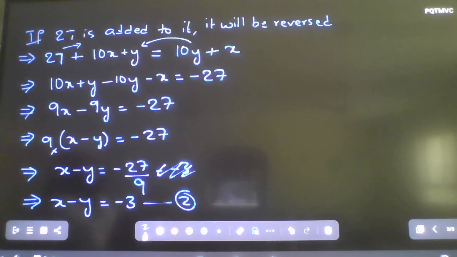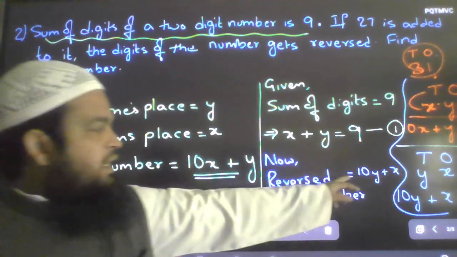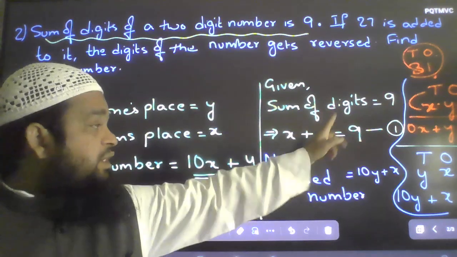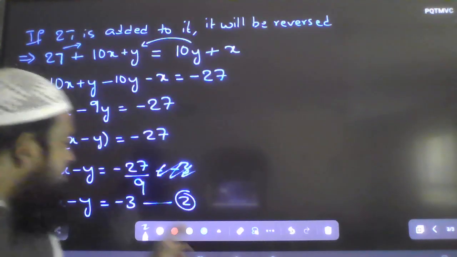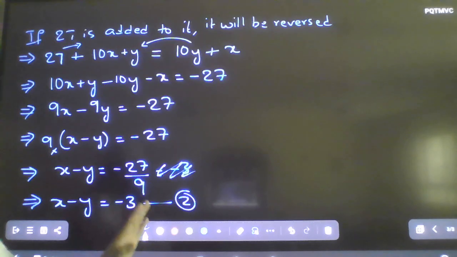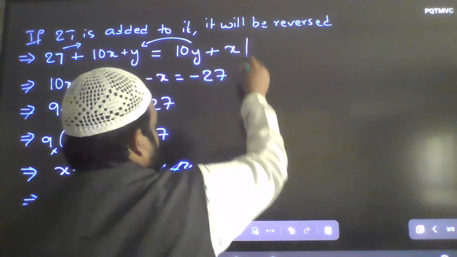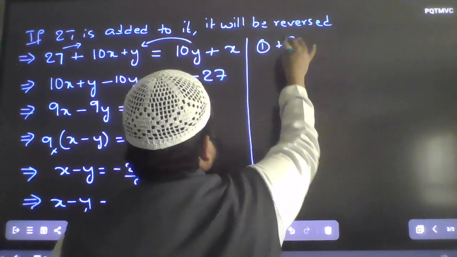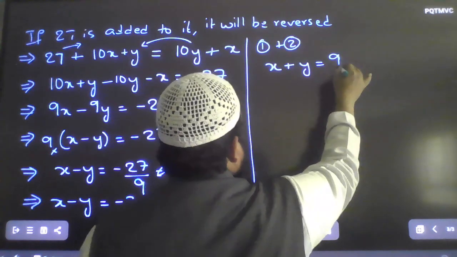So can I solve the first equation and the second equation? When I see the first equation, it is x plus y is equal to 9. The coefficients of y in both equations are the same and the signs are different. So let me add both the equations. The first equation is x plus y is equal to 9.